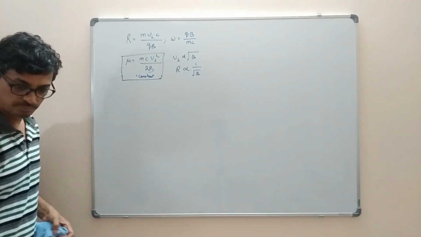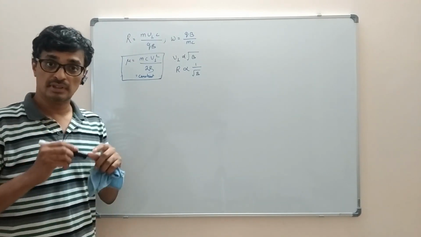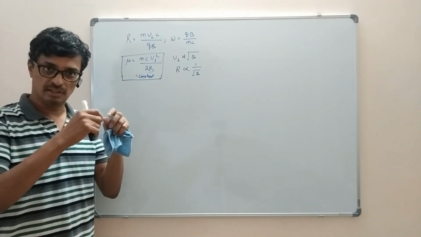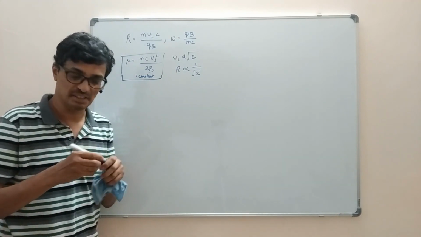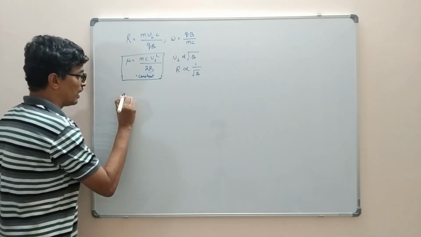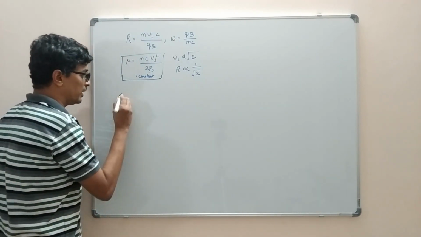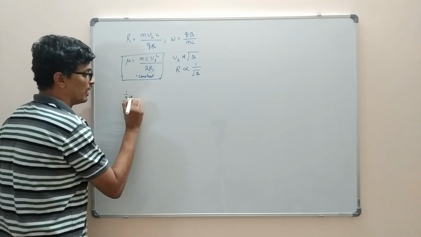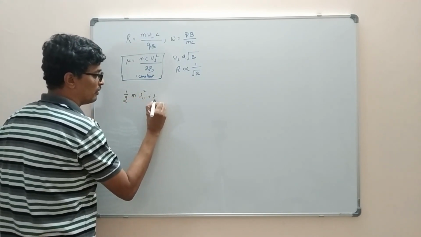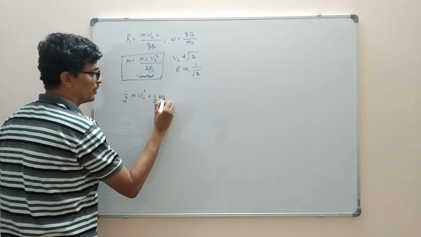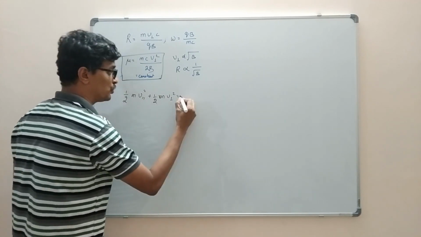So now, the total energy of the charged particle, as it moves, has to be conserved. That means the total energy, there are two components of velocity, so there's only kinetic energy, which will be half m v parallel squared plus half m v perpendicular squared, and that should be constant throughout the motion.